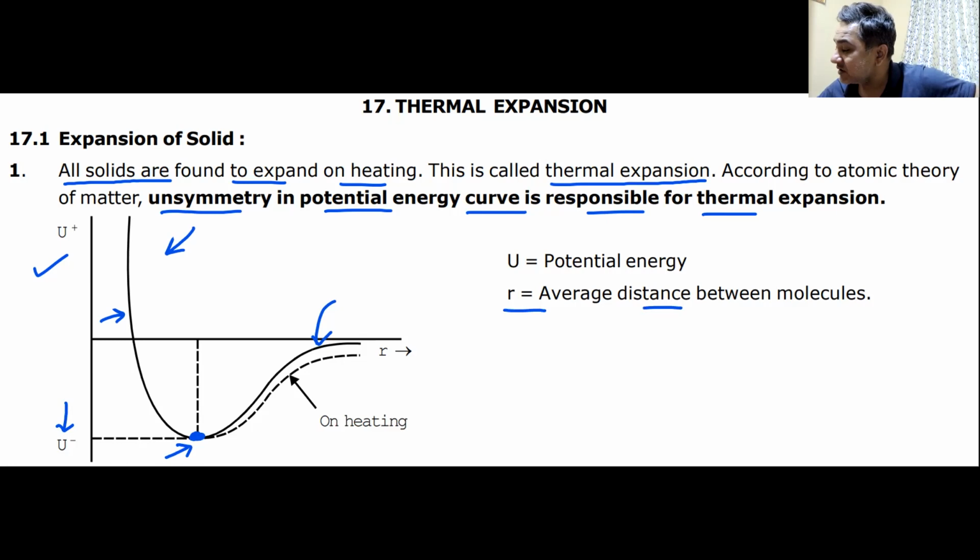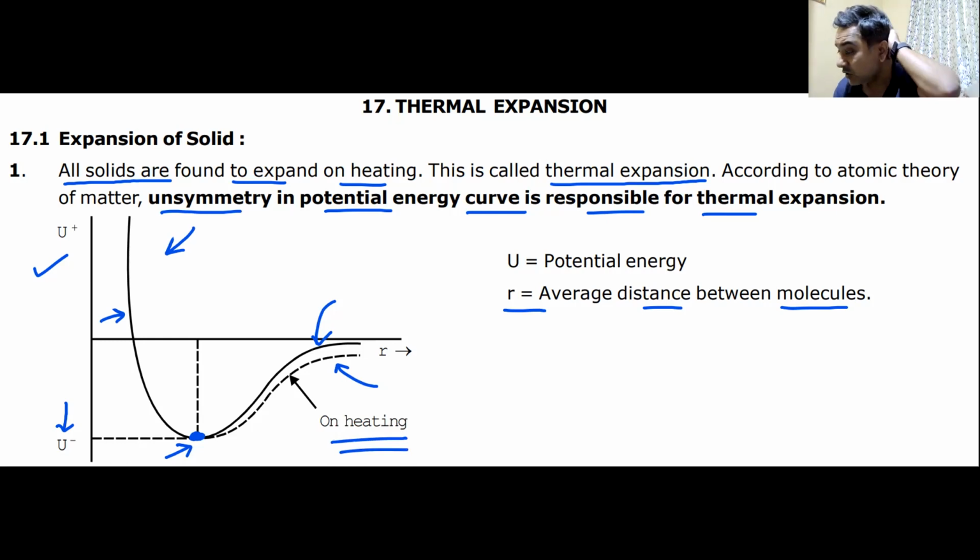R is the average distance between molecules. If you heat this body, what happens? The curve on the right hand side takes a dip. It goes below the original value. That means the potential energy decreases, and that is the reason that things will expand on heating.